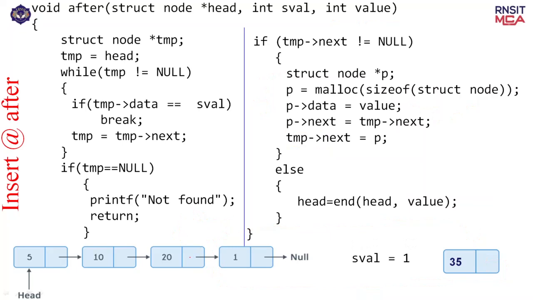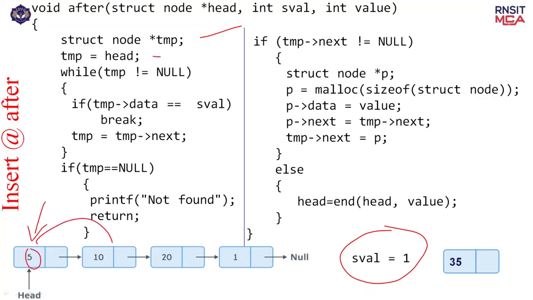Now, when you give the value 1 in the third case, the searching value is 1. That means temp again starts from head; you create a temp node. So you check, is 5 equal to 1?